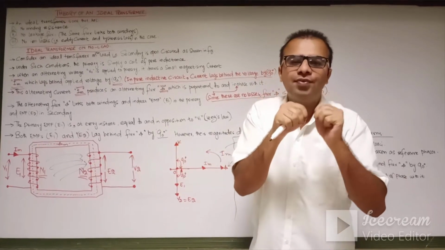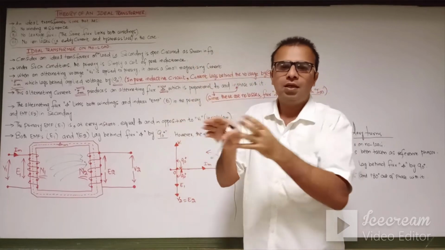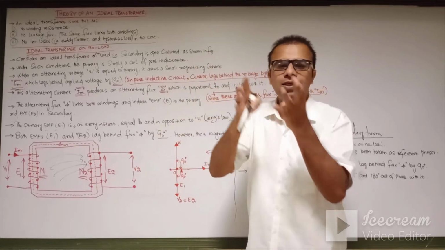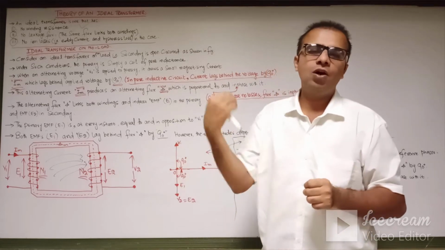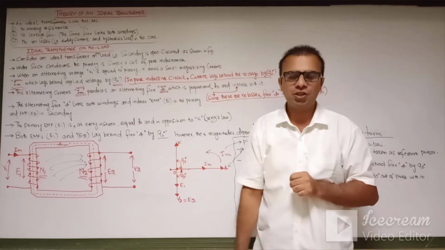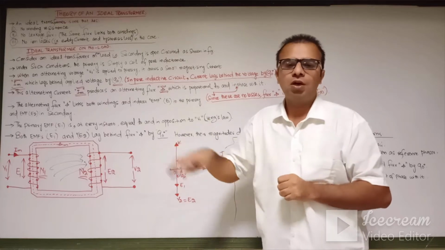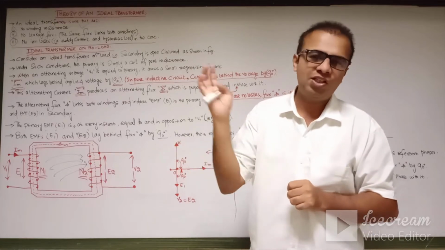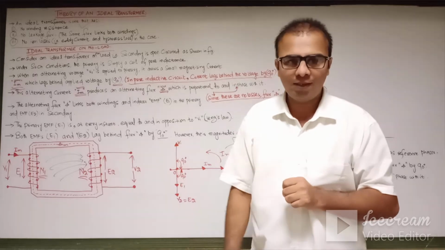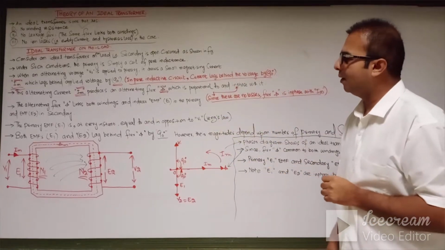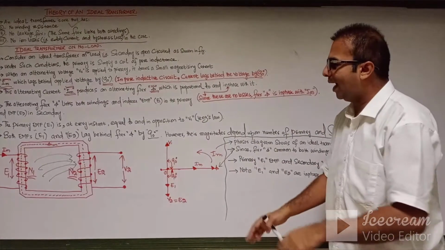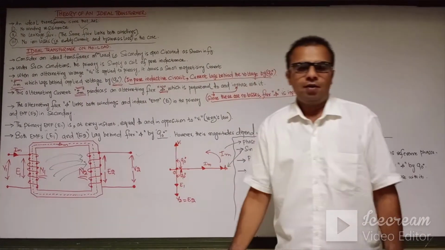The primary flux can be 100% magnetically coupled with the secondary winding, and in the secondary winding, according to Faraday's law of electromagnetic induction, EMF is induced whenever there is a change in flux in the primary winding.